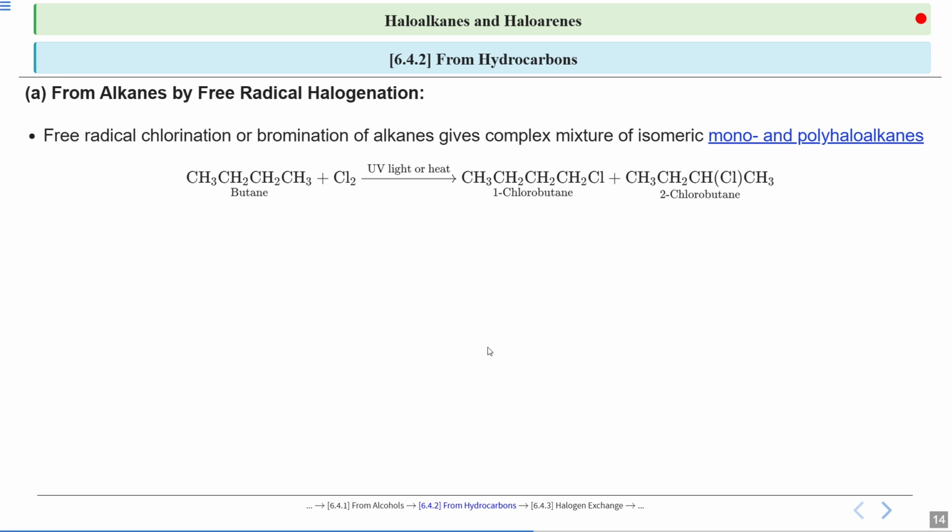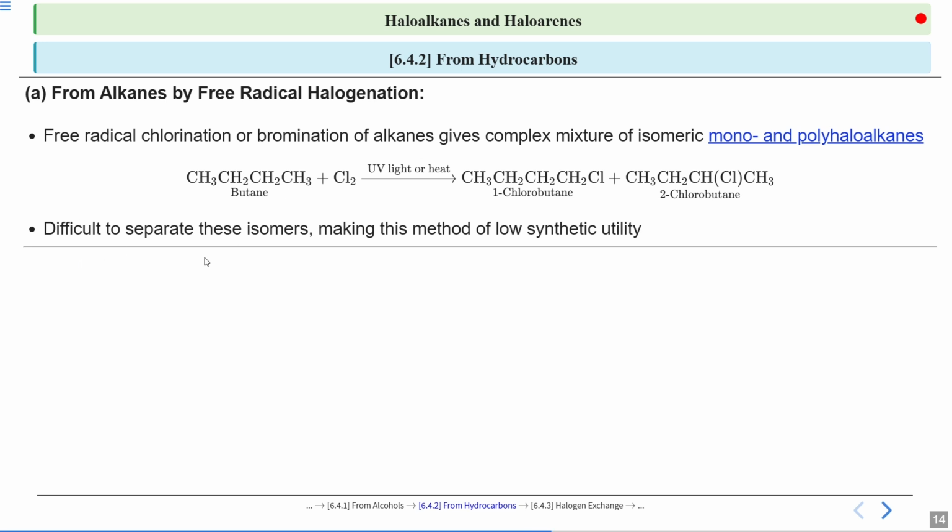And lastly, termination happens between the alkyl free radical and the halogen free radical, and you get more alkyl halide, in this case alkyl chloride. Okay, so this is how free radical halogenation happens in the presence of UV light or heat, with free radicals of both the alkane and the halogens, and you are going to get isomeric mixtures of the product.